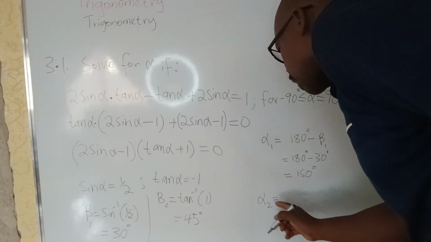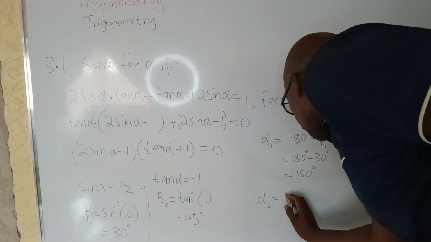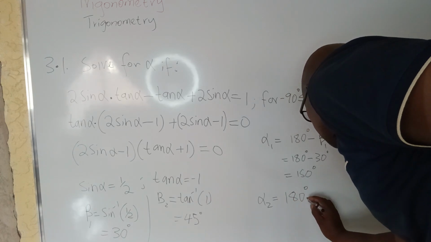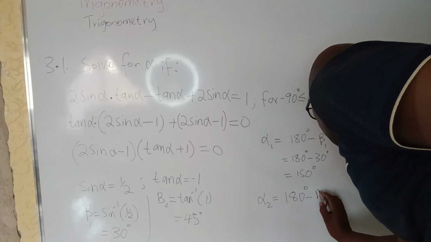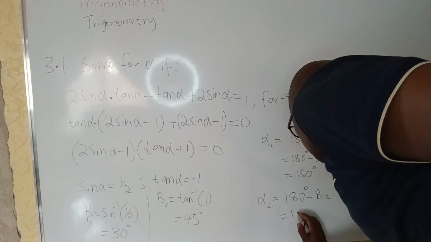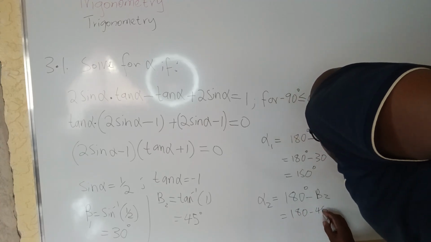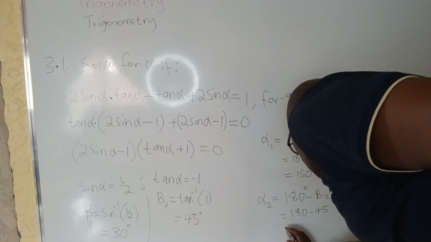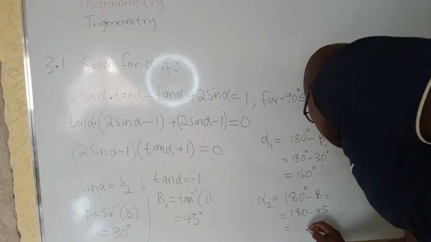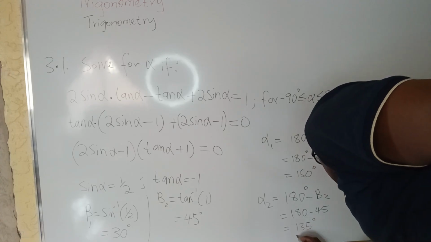So in the second quadrant, we have alpha is equal to 180 degrees minus beta 2. Therefore, this is 180 degrees minus 45. So you will end up having 135 degrees. There it is.